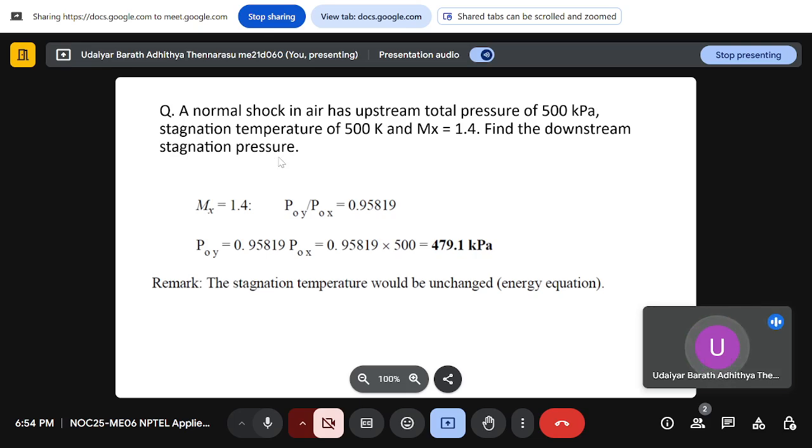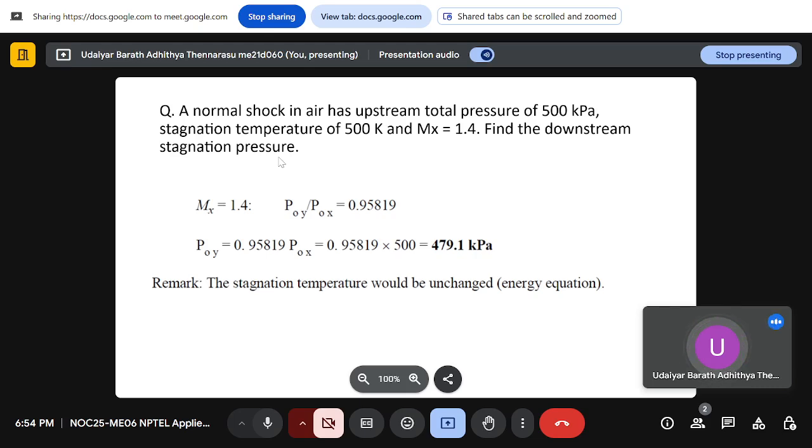We know the Mach number, 1.4, across the normal shock, so we use a normal shock table to find the upstream and downstream pressure ratios.